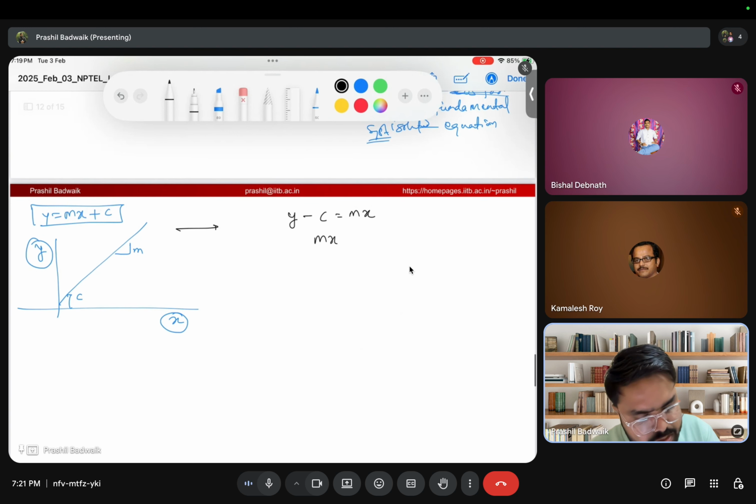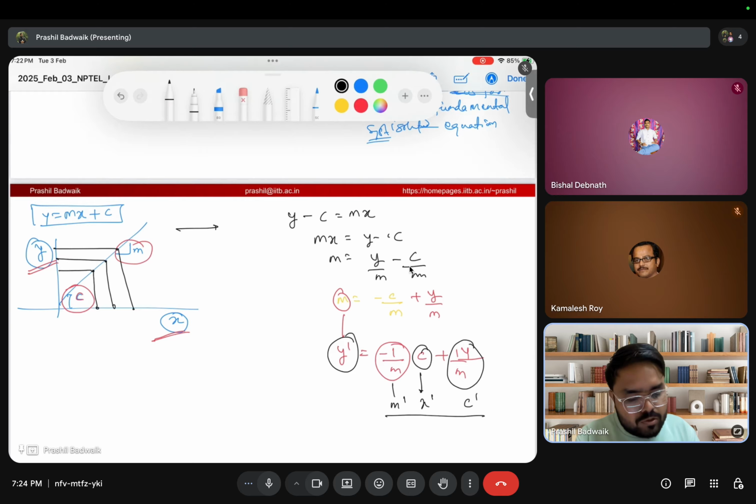I am doing the opposite thing. I am representing this line in terms of the transformed variable, that means in terms of slope and intercept. To define this data, I am taking the help of slope and intercept.